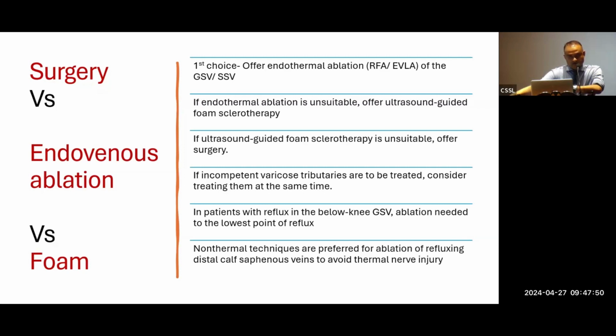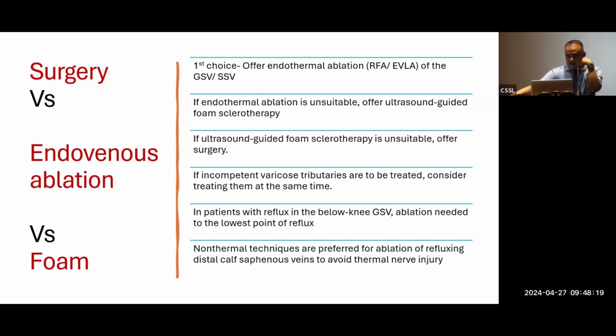If you are going to ablate the great saphenous vein or the short saphenous vein with foam instead of thermal ablation, then you need to do it ultrasound guided. One thing is you need to make sure you are injecting into the proper vein and not the deep vein, and secondly to know that you are effectively ablating the great saphenous vein.